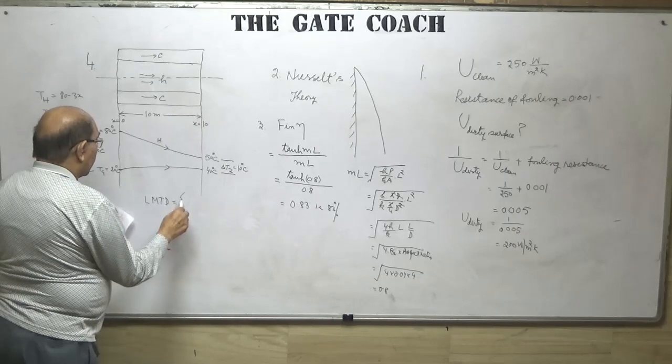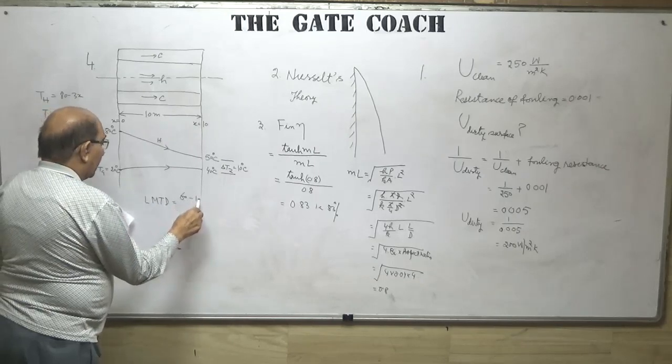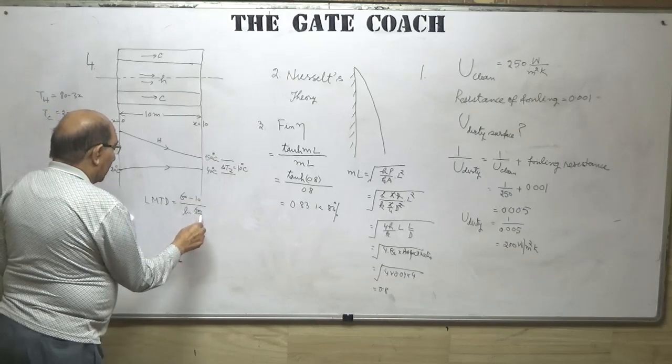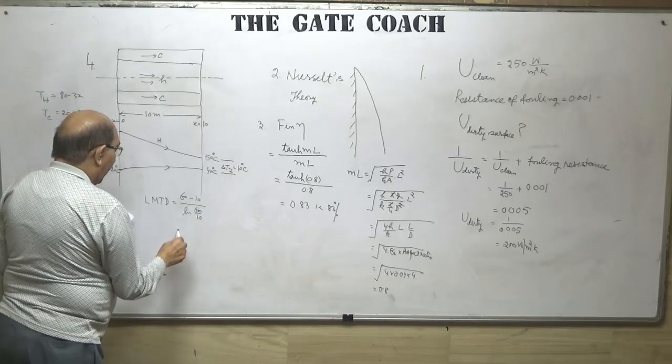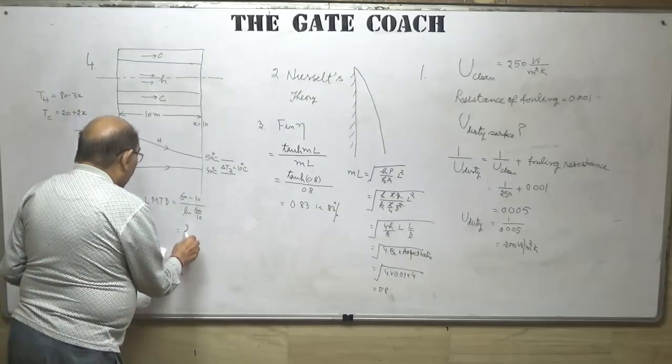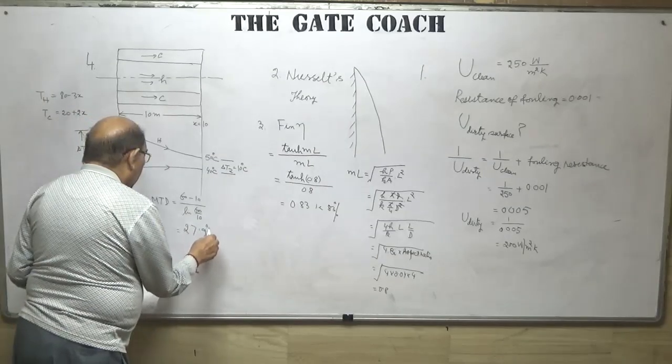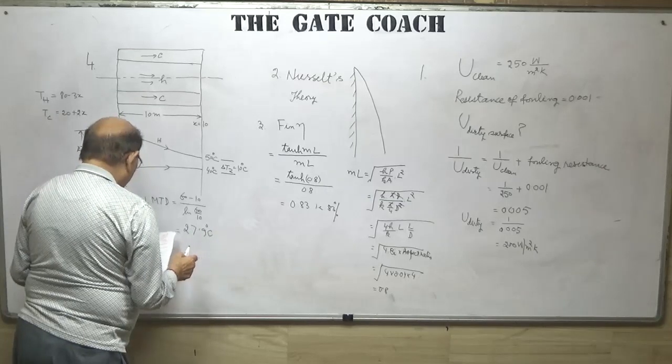So this is 60 minus 10 upon log of 60 upon 10. This is 27.9 degrees centigrade.